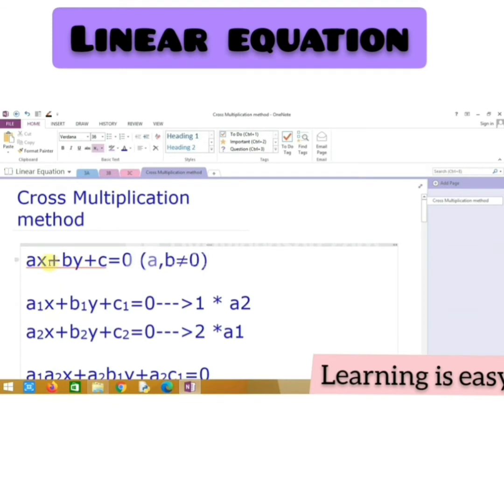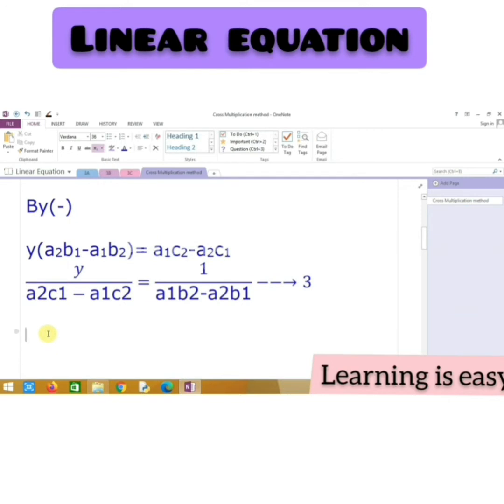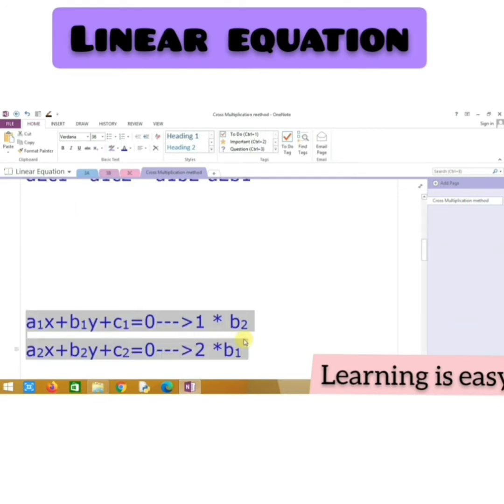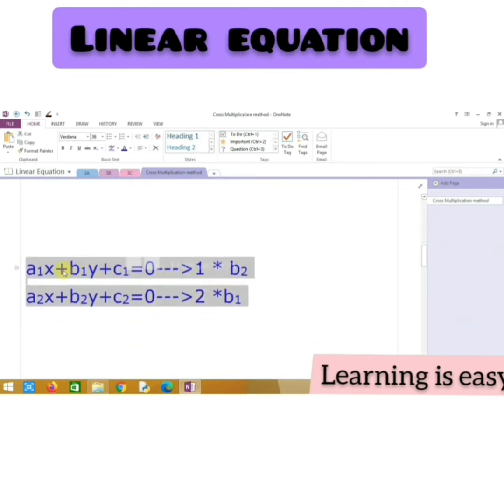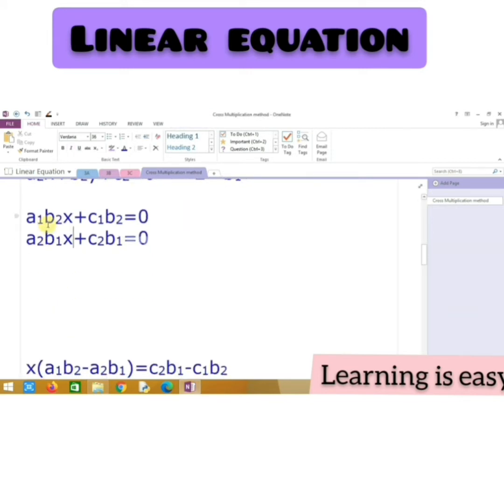In the same way, for the first and second equations, if we multiply by b2 and b1, by the elimination method we can eliminate the y term, which gives a1 b2 into x and the constant equal to 0, and similarly a2 b1 into x plus the constant value equal to 0.